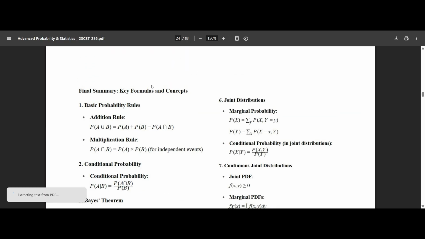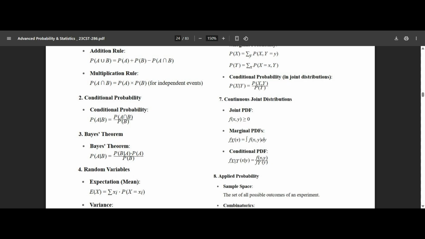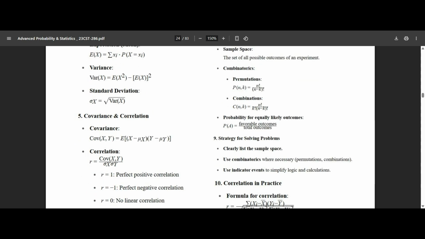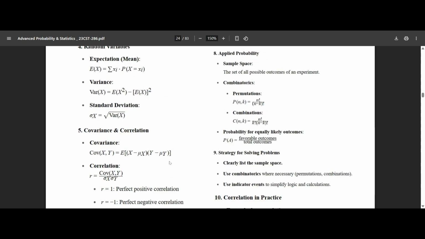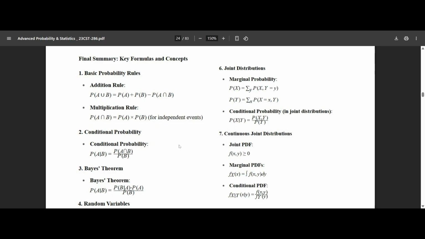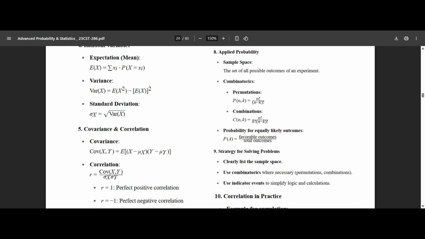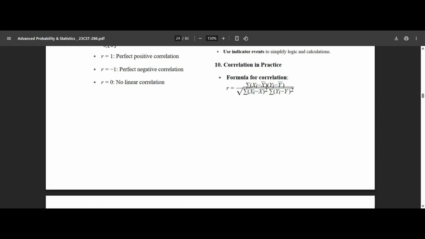So basic probability rules, conditional probability, Bayes theorem, random variables, expectation, variance, standard deviation, covariance and correlation we studied. Then joint distributions, marginal and conditional probability, continuous joint distribution, applied probability, and correlation in practice.